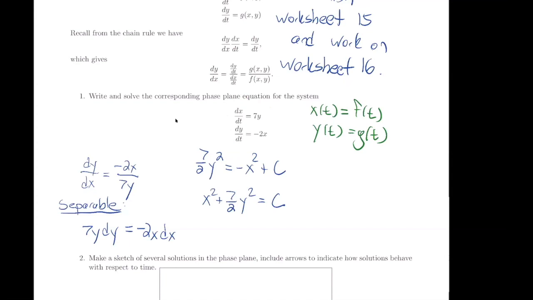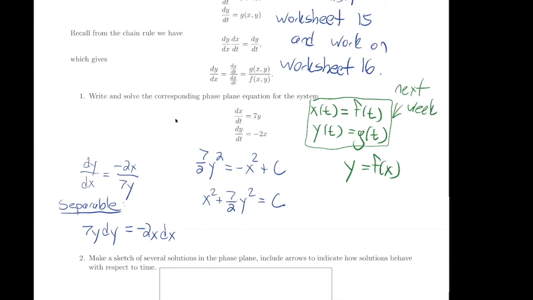So when we're solving these today, we're finding solutions of a different variety. We're looking at how these two variables, x and y, interact with each other. And we'll get to this next week. So for now, I want to just think about things in the phase plane and how we can find phase plane equations.